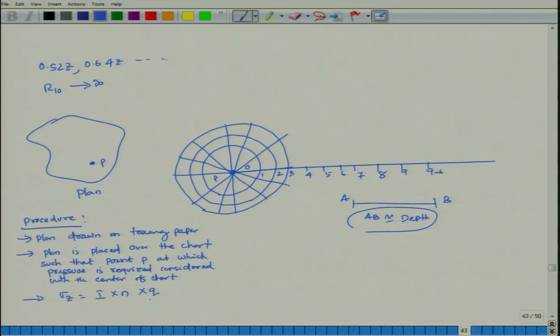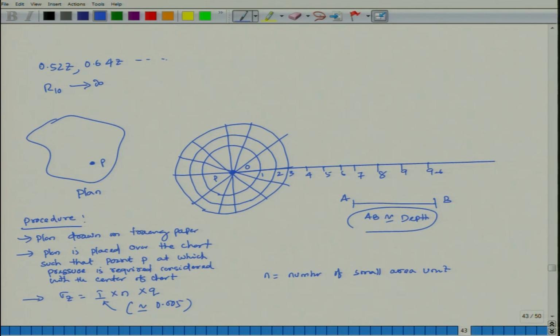Here N is the number of small area units, and I is your influence coefficient or influence factor, which in this case is 0.005.